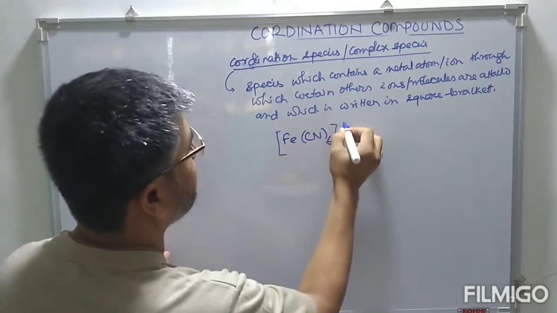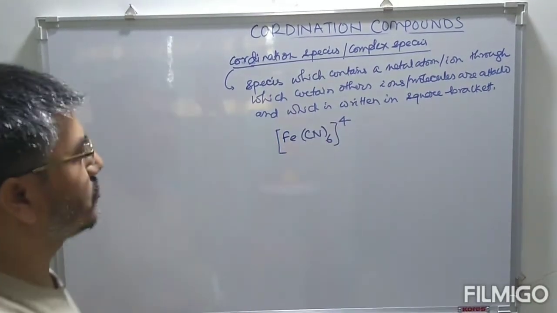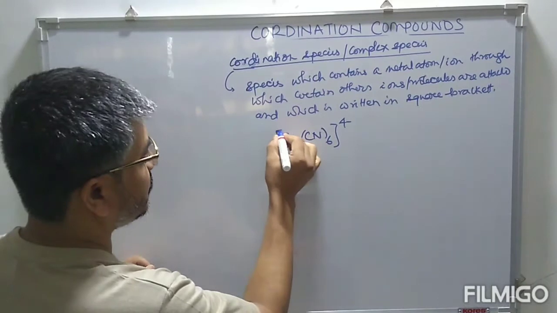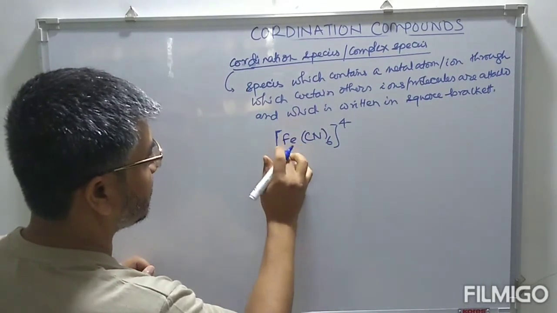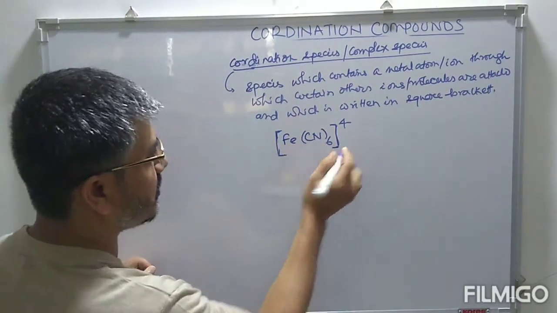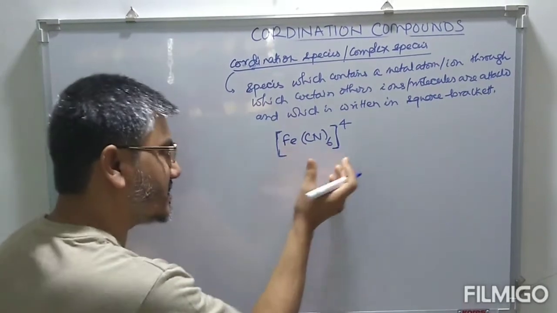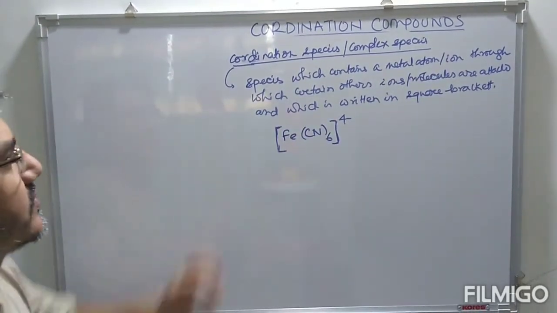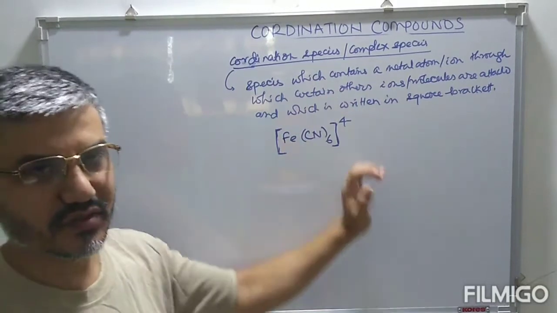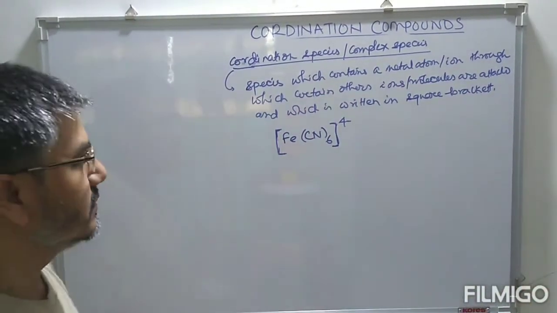FeCN6. So the species which is written in square bracket is known as the coordination species, complex species, or coordination entity.